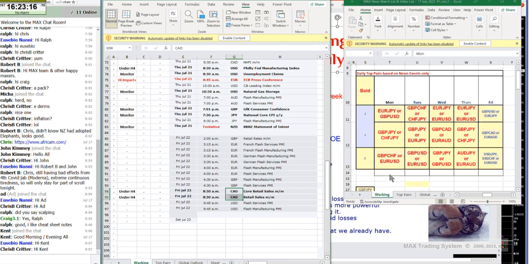So we will have pound CAD, pound yen. Then we will have the euro yen, pound US dollar.